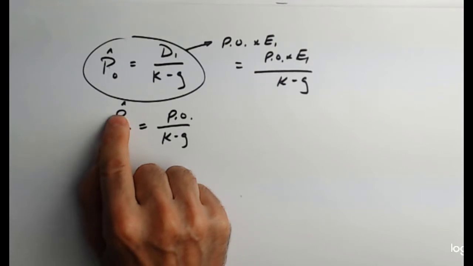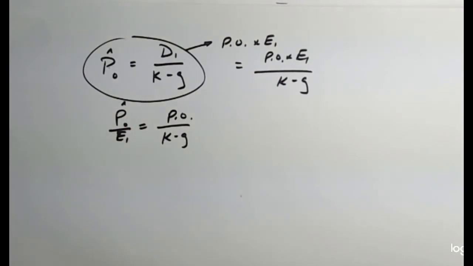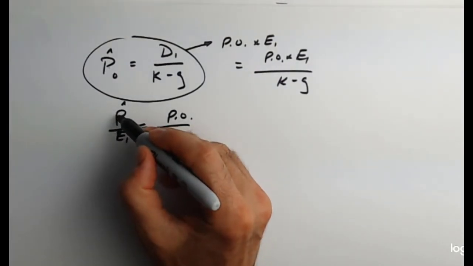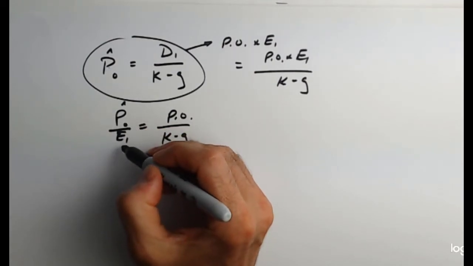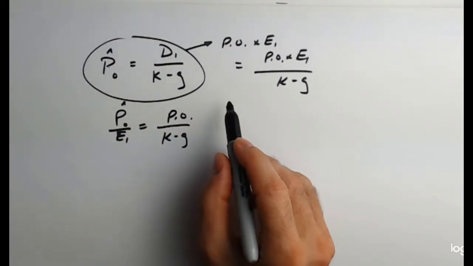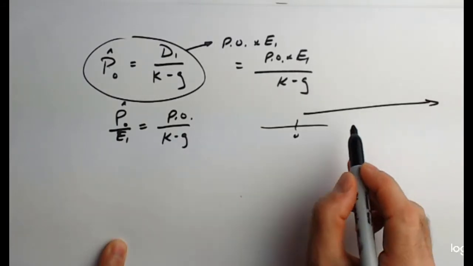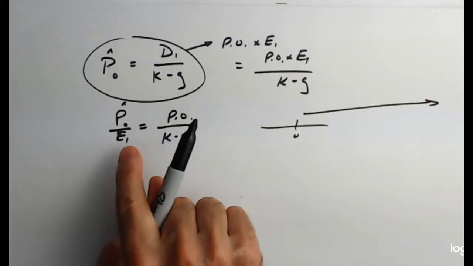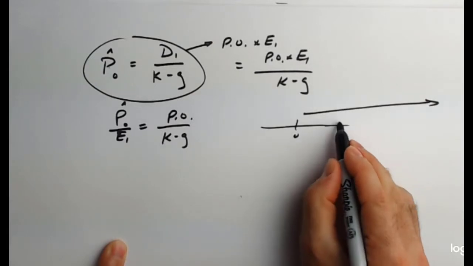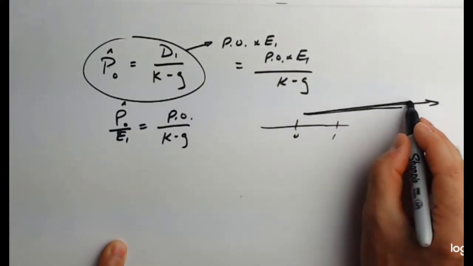So why might the price of the stock be high relative to earnings? Well, it's because you can always draw the timeline out. The price is looking way beyond next year's earnings. This is only going out 1 year. And this stock is looking way beyond there because it goes out to infinity.